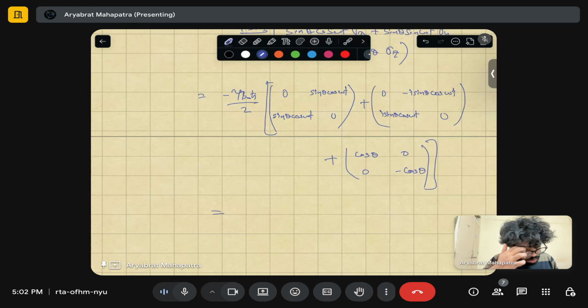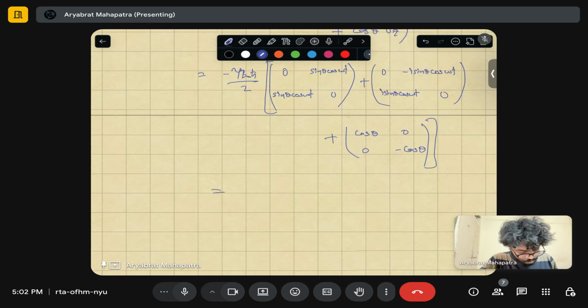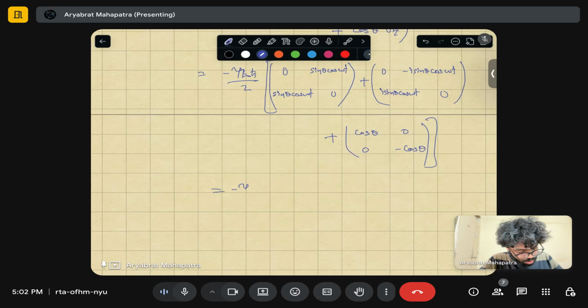So this will be minus gamma B naught over h bar by 2, so your Hamiltonian would be something finally: cos theta.